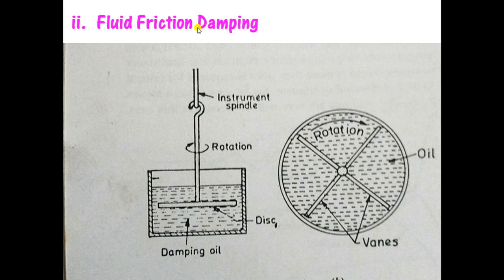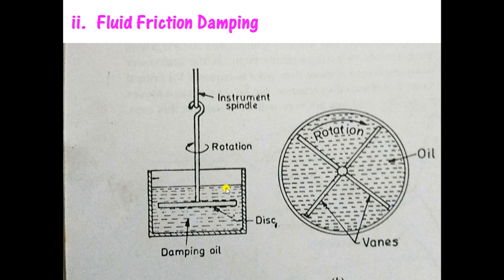Spindle will carry pointer then. So the pointer is connected to the spindle. Spindle is attached to this rod, and the rod is attached to the disc. So as the pointer deflects or moves, the spindle will also rotate, and as the spindle moves, this rod will move. As the rod moves, the disc will also start rotating.